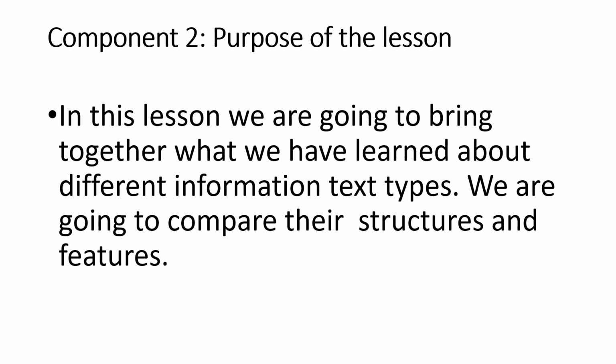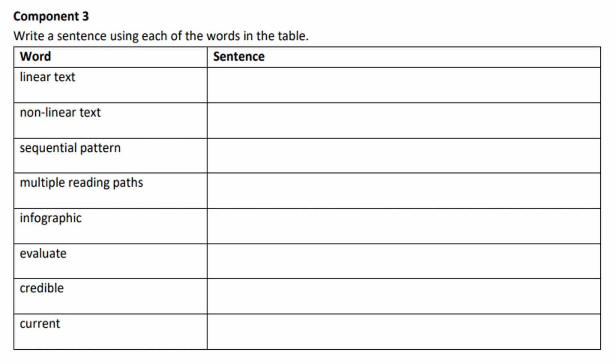So today, in this lesson, we're going to bring together what we have learned about different information text types. We are going to compare their structure and features. But before that, we are going to review some words from the text we need to understand.